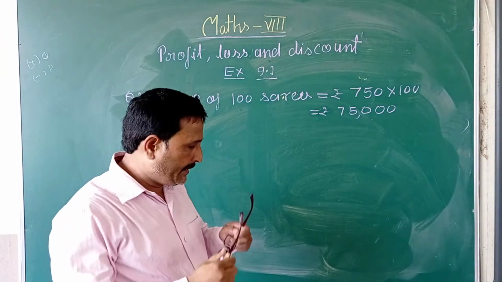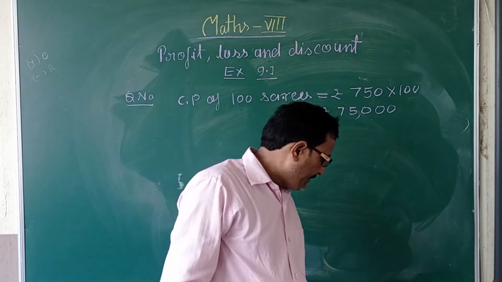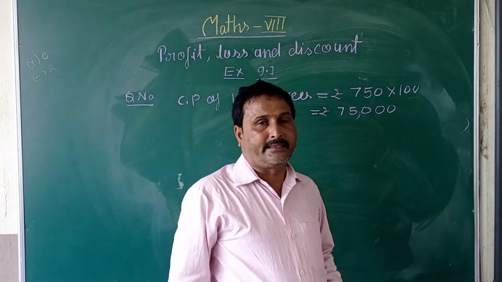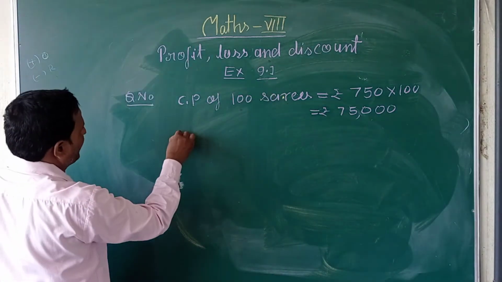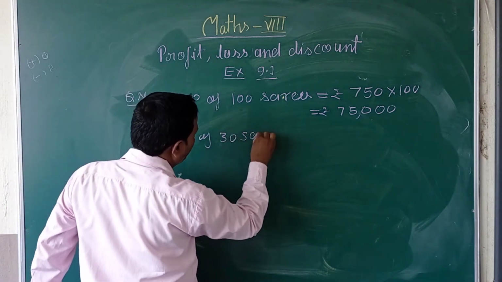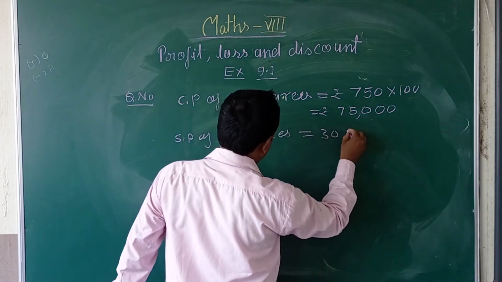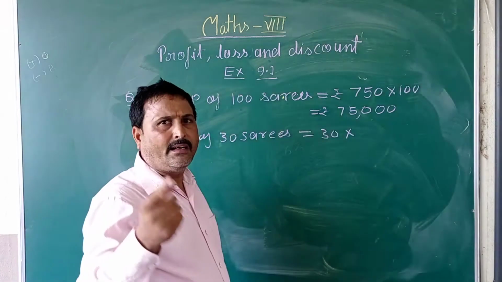Now the condition given: he sold 30 sarees at 600 each, meaning the SP of 30 sarees is 30 into 600 each.